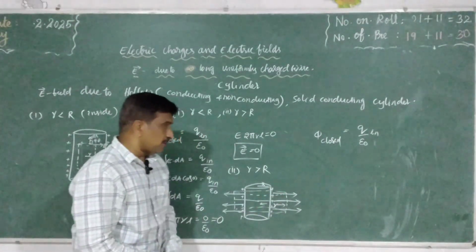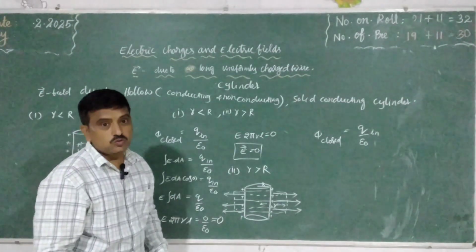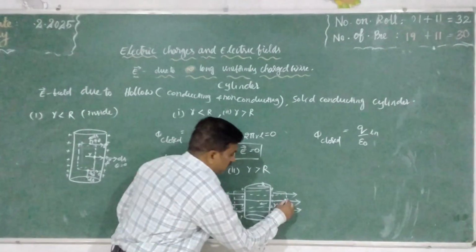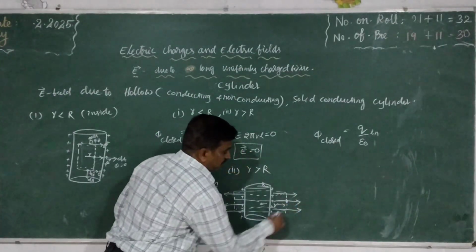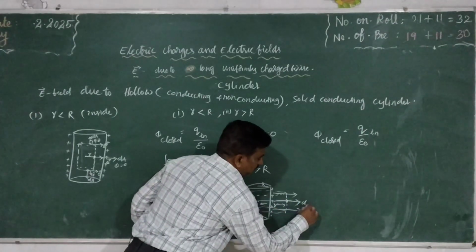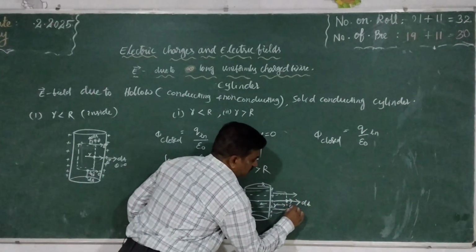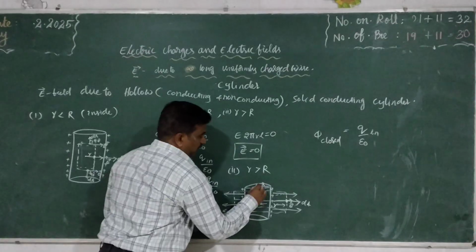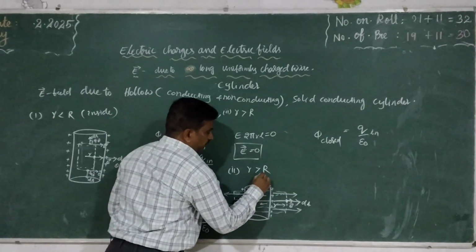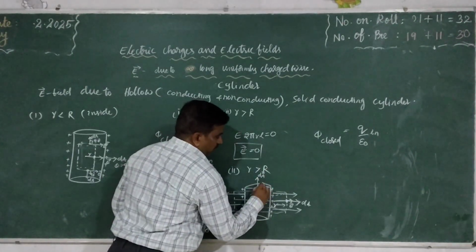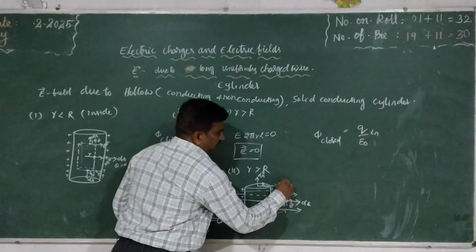In this case, what is the flux through this Gaussian surface? For this, we can select a small area. The area vector dA and the electric field vector are in the same direction.